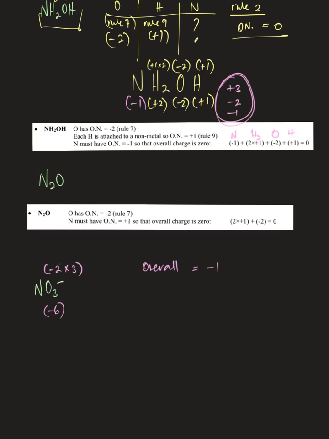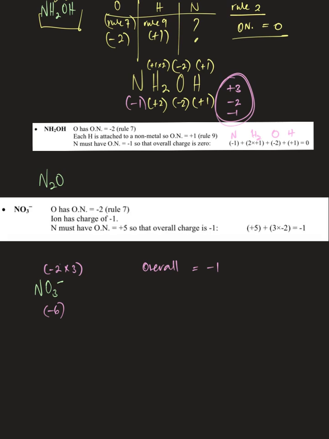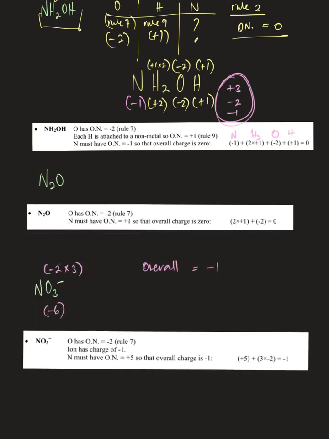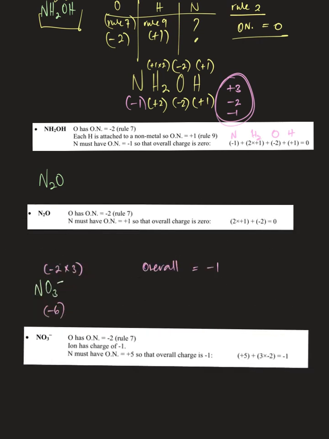So the number has to be positive, and it has to cancel out in exactly the right way to get -1. The only way to do that is to make the nitrogen +5. So it looks like this: +5 plus 3 times -2 is equal to -1.